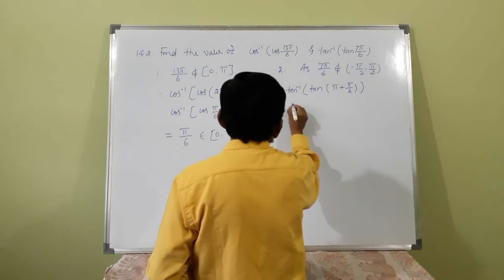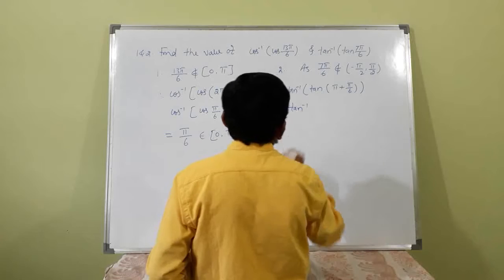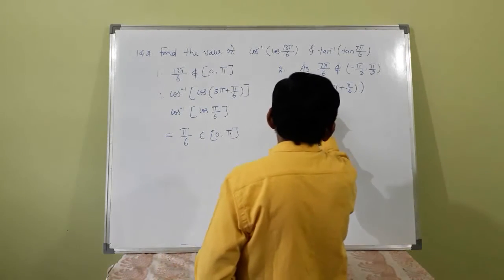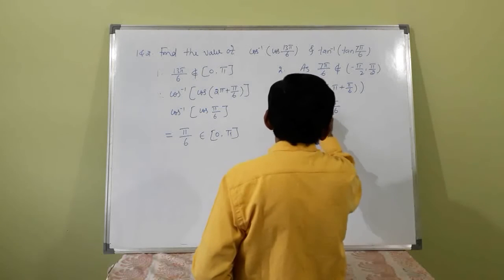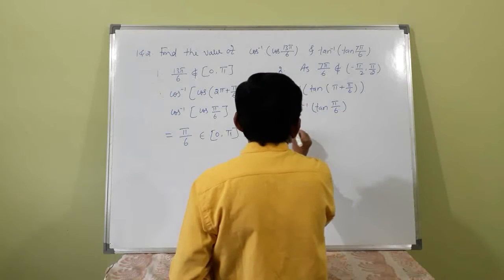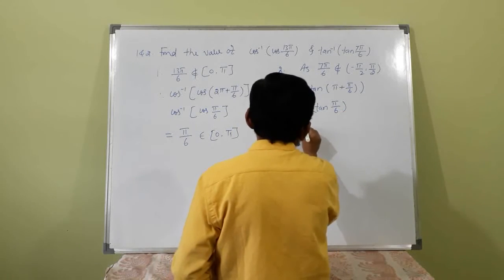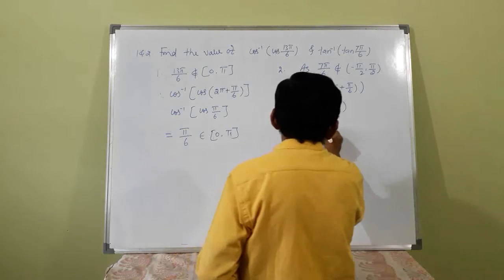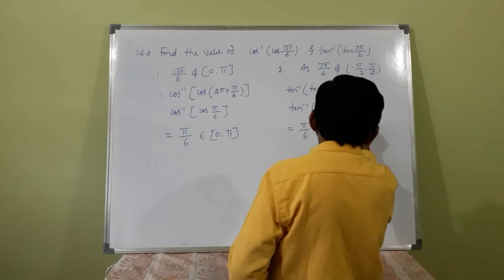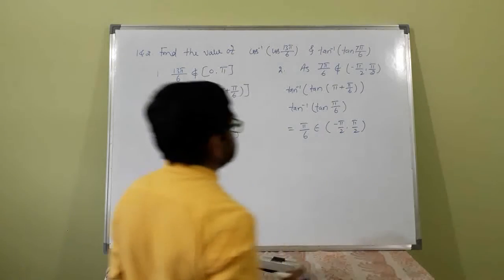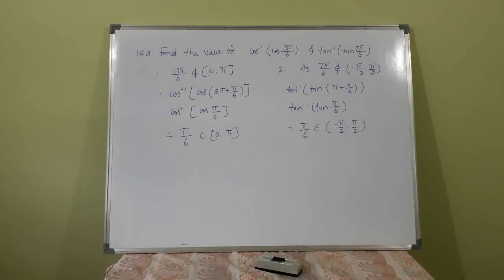That is tan inverse of tan π by 6, that is equal to π by 6, which belongs to the minus π by 2 to π by 2 interval. So π by 6 is the answer for both.